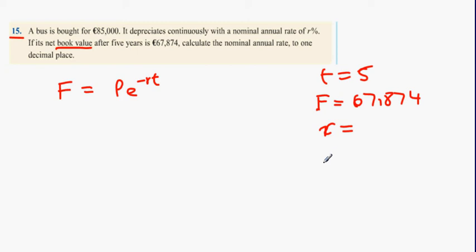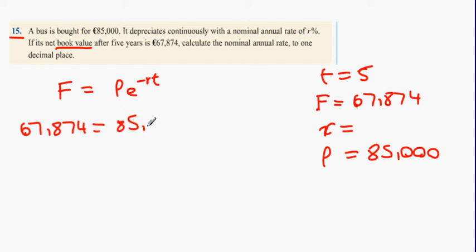We know that the P value is 85,000. So once again, F, which is 67,874, equals 85,000 times e to the power of minus 5r, because it's done like this.